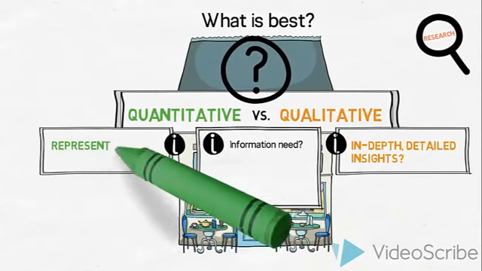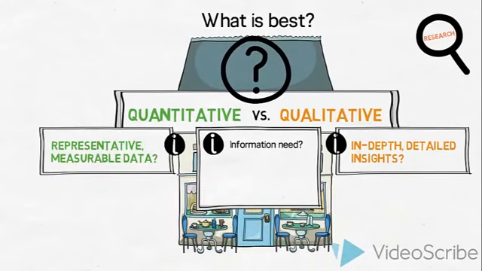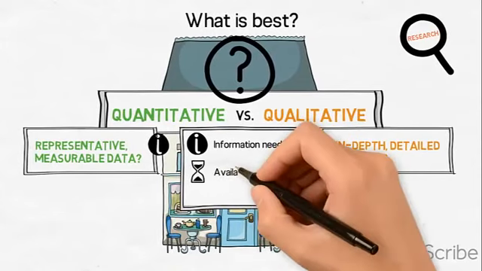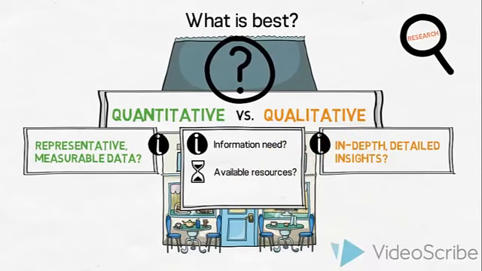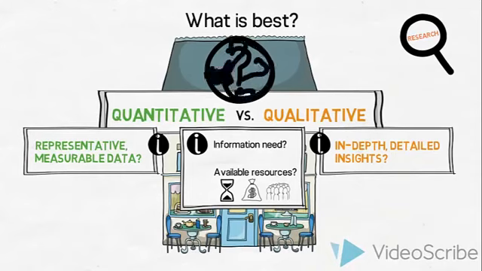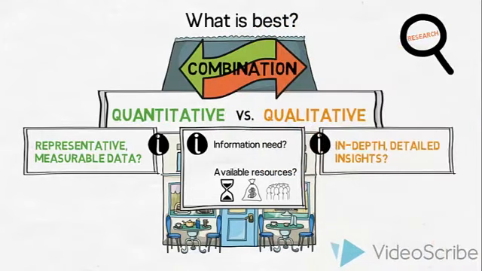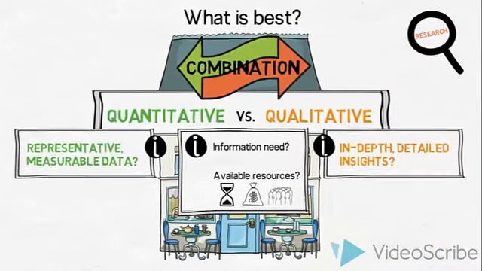Or is it more important to them to have a high volume of representative and measurable data? We would also advise them to consider their available resources, both in time, money, and the skills required. No two cases are the same, but if time, money, and skills allow, a combination of qualitative and quantitative research is often a good solution.